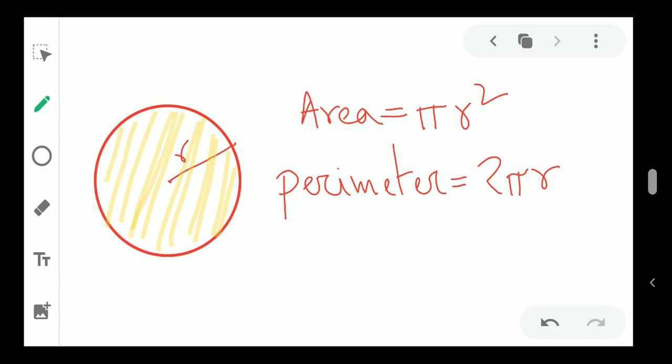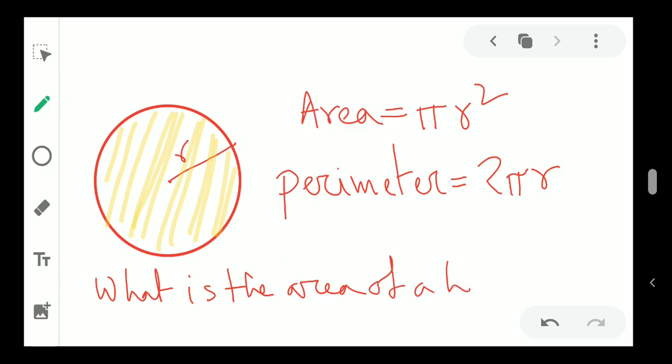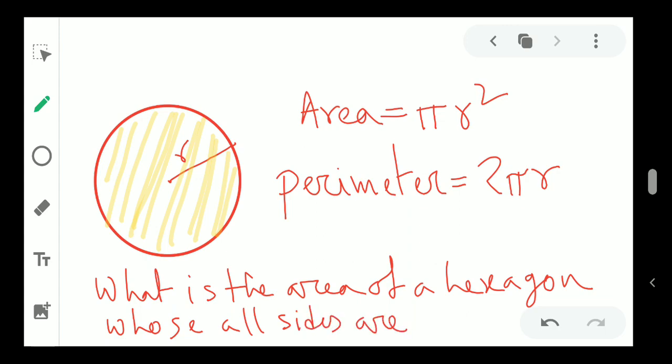So your question for the class will be: what is the area of a hexagon whose all sides are 5 centimeter? You have to find the area of the hexagon whose all sides are 5 centimeter.